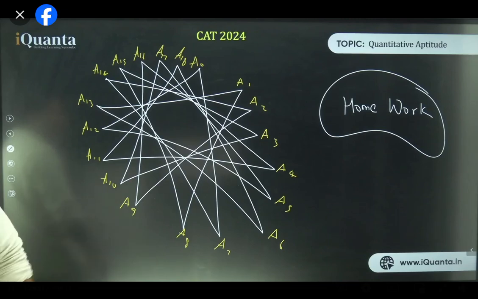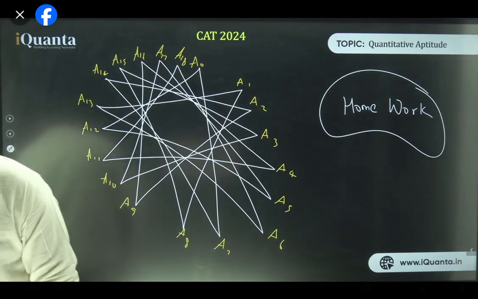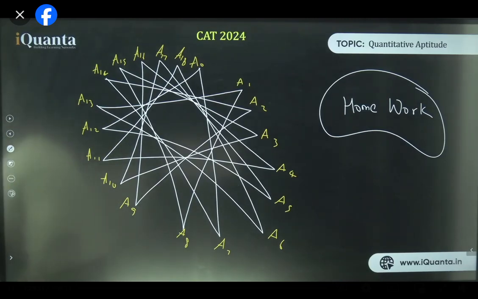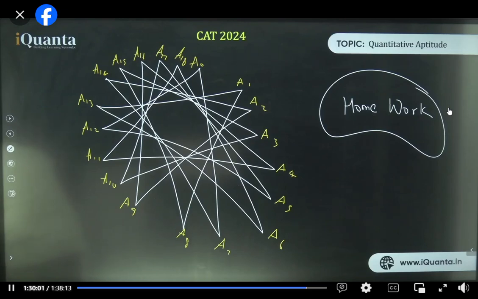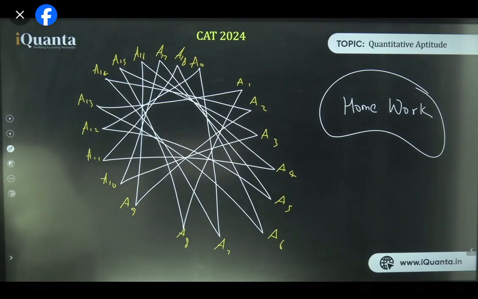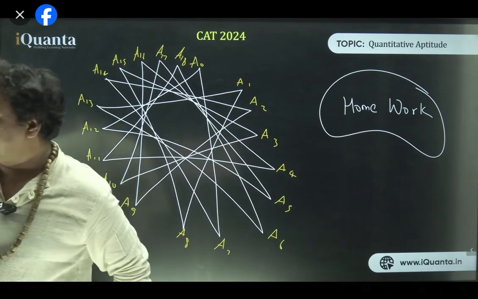If you don't solve this, try it out. Tomorrow's circles will look a cakewalk for you. You have to find the sum of all the interior angles, A0 to A18. No, you don't draw that. Take a screenshot and solve it and tell me the sum of all the angles on the vertices.